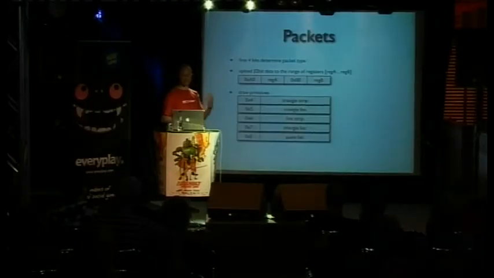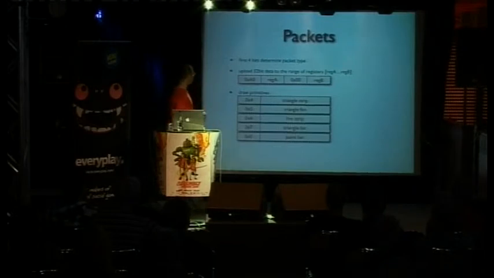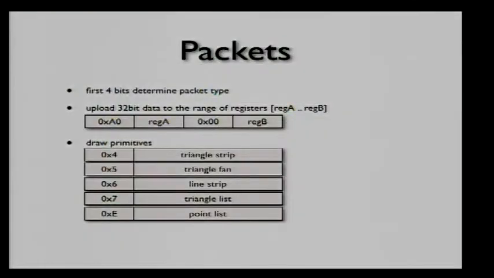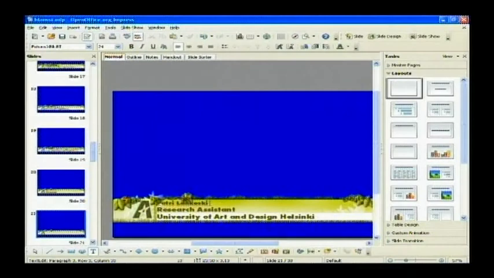And it's sent in packets, and these packets are written into memory. Just by looking at that data, you can figure out that the minimum unit of data is 4 bytes, 32 bits, and the first 32 bits in a packet usually start with 4 bits which determine the packet type. So we have 16 different packets.